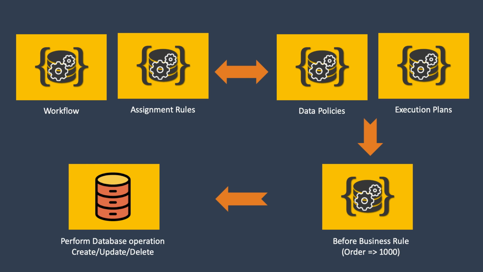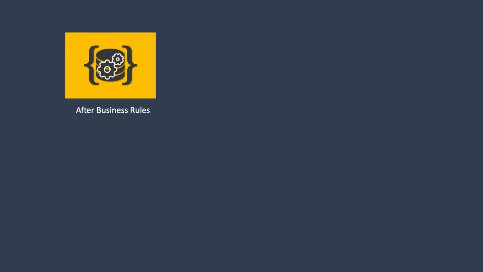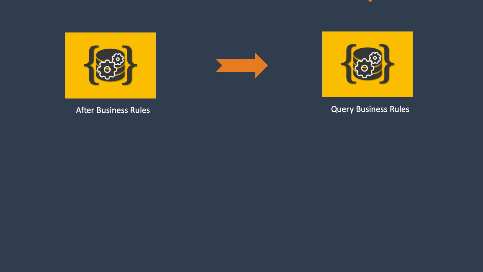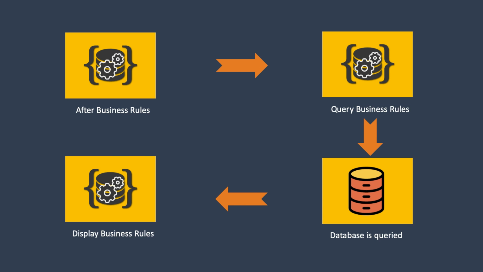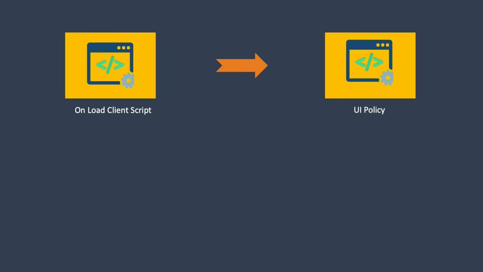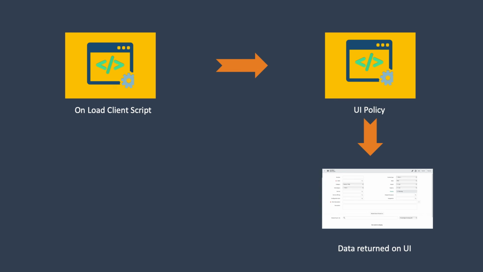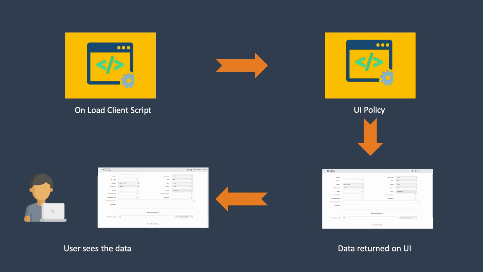Then it also performs the database operation as per the action taken by the user. After performing the operation, it runs the after business rules, and then it runs the query business rules, and it queries the database. Then it runs the display business rule, and then again the onload client script, and before presenting the data it runs the UI policy, which is also onload, and at last the data is returned to the UI, and then the user sees the data.